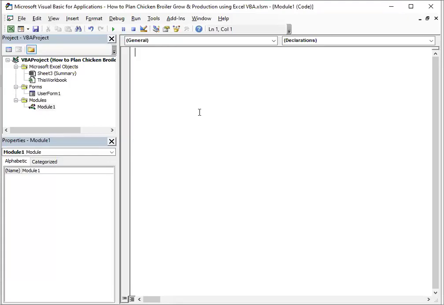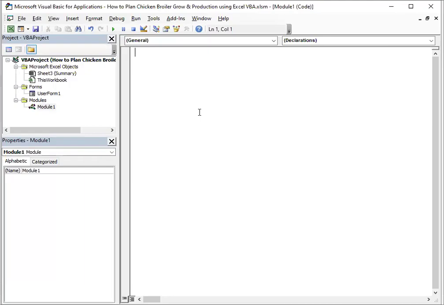I'm going to create a function for the DOC requirement, a function for the feed requirement, and a function for the houses requirement.